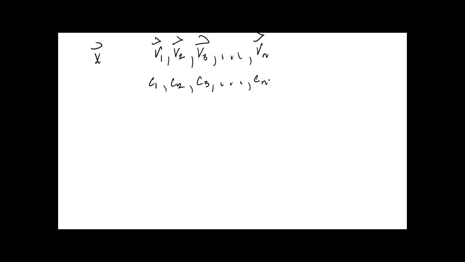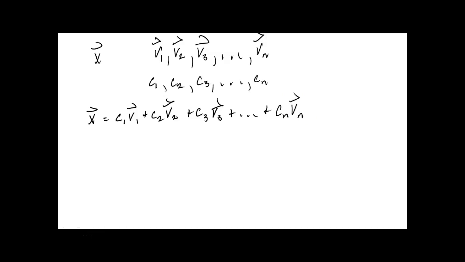Okay? Now, if that can be done, if vector x can be written as c1 v1 plus c2 v2 plus c3 v3 plus dot dot dot plus all the way up to c sub n v sub n, okay?